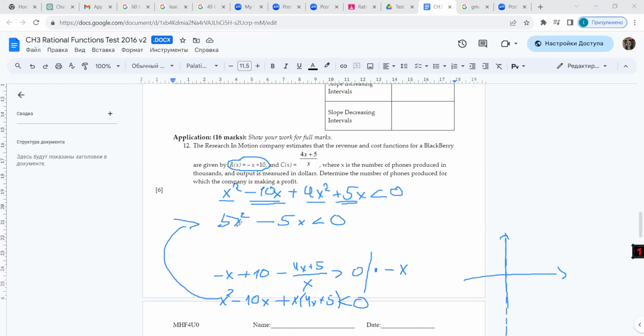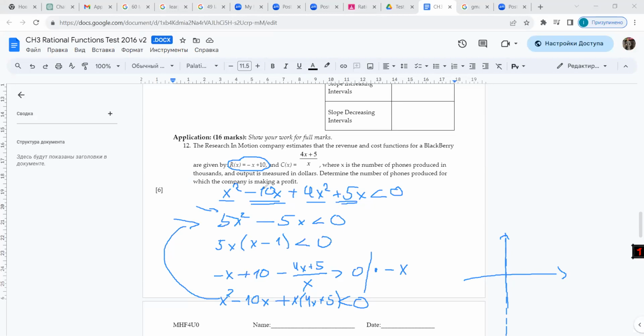Next step for me is to basically find the solutions for when this side equals 0, so I can split my domain in 3 intervals. So what do I do? I factor 5x out of it. In the bracket, I got x minus 1 less than 0.